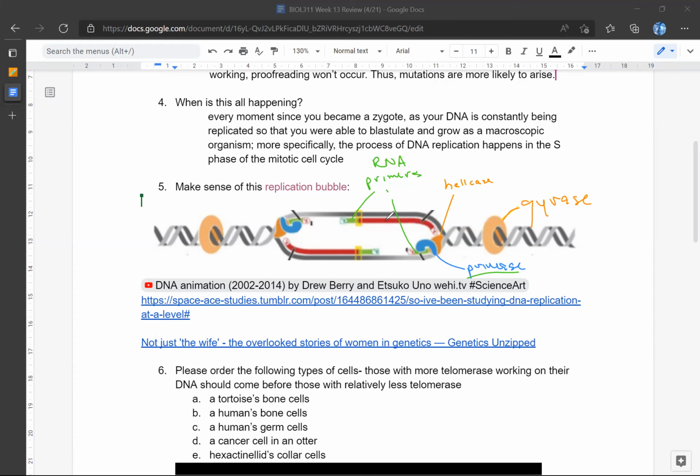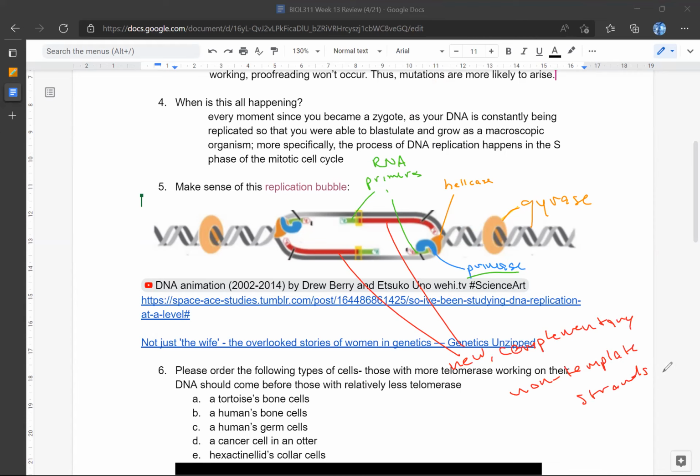These red strands, wait, let me make sure I use your wording. Yes, these red strands are the new complementary strands.